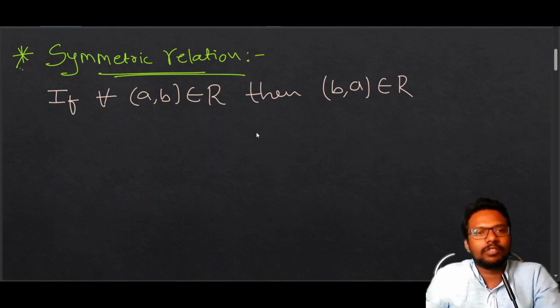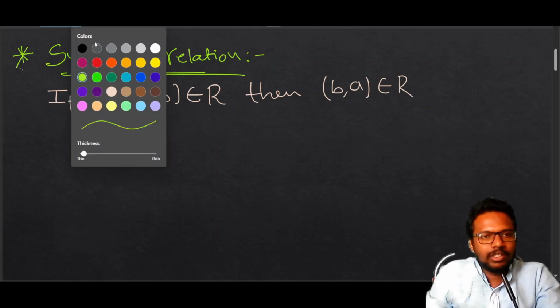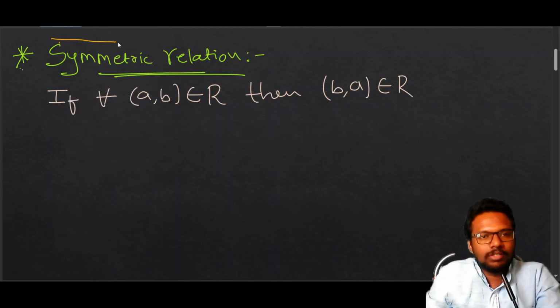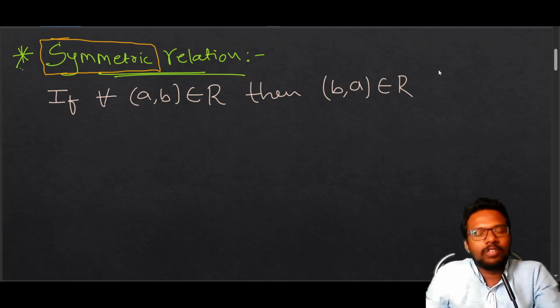Okay, so let us define the symmetric relation. The word itself says symmetric, and we already know the word symmetry. If you take any shape and cut it into two parts, and those two parts look similar, then we say both are symmetric to each other.